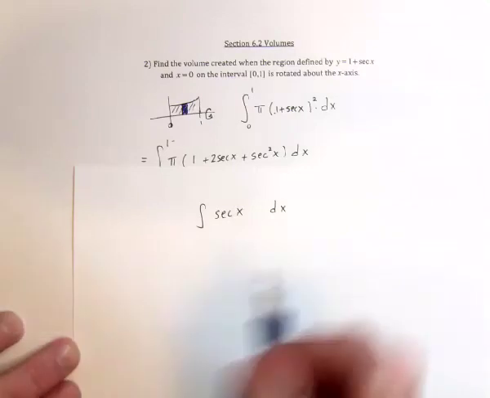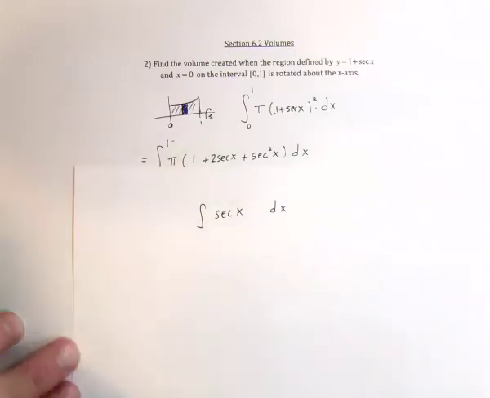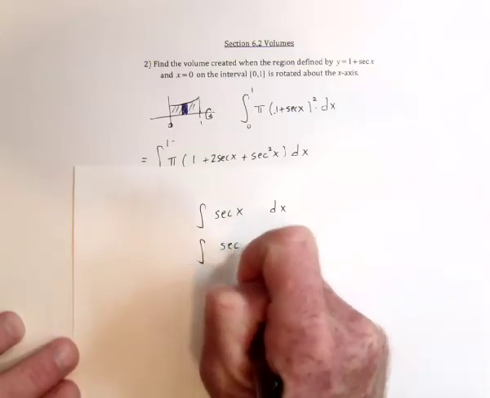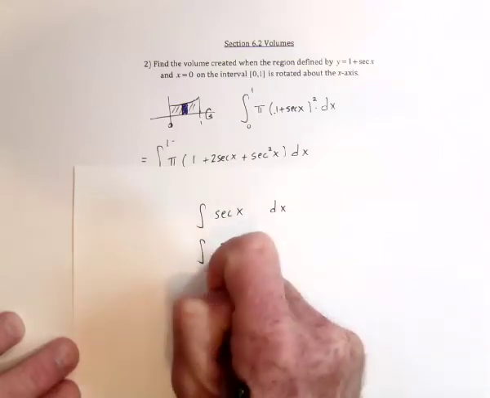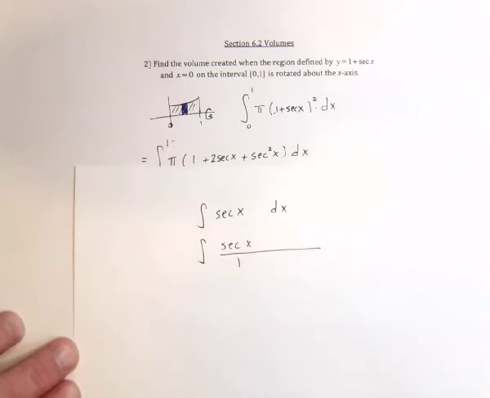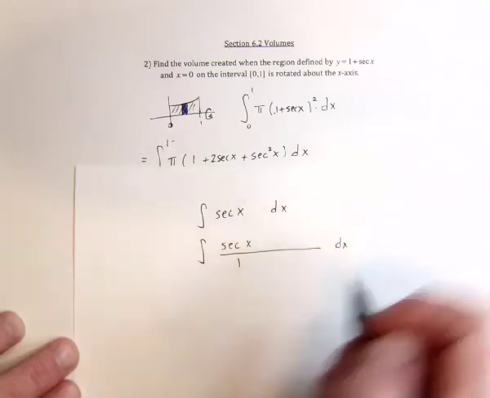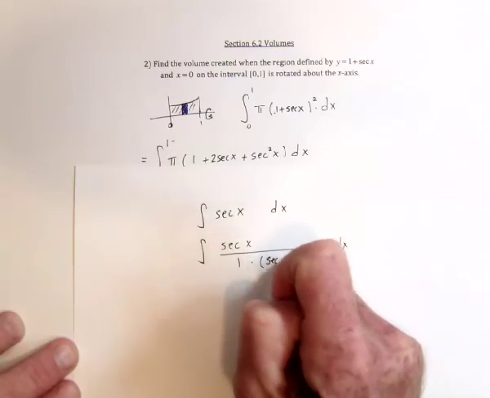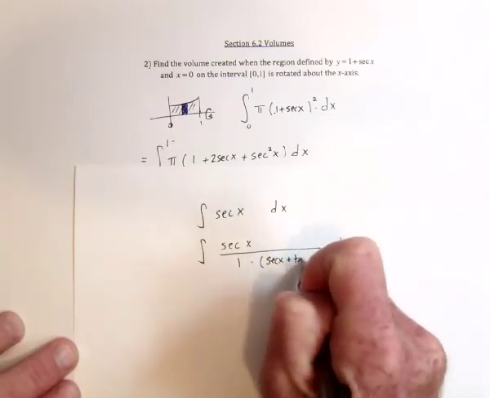So if you take this and view it as a fraction, then multiply the numerator and the denominator by secant of x plus tangent of x.